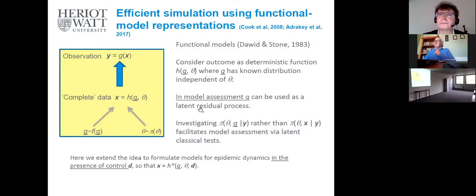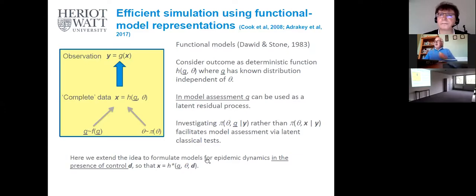So what we're going to do is to push this a little bit further, and I'm going to assume that I have some kind of control strategy which I'm going to deploy. I'll denote that as being D. And what I'd like to be able to do is to push this idea of a functional model to not just a function of Q and theta, but also have it as a function of Q, theta, and D, where D is a particular control strategy.